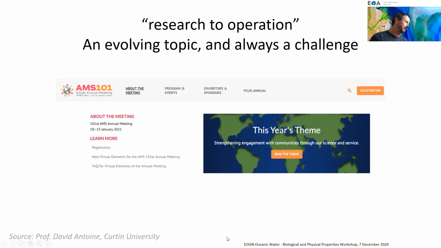Just to highlight a meeting that David brought up there, which is essentially looking at moving to operational systems, or research to operational systems. And I think that is a virtual meeting in January.